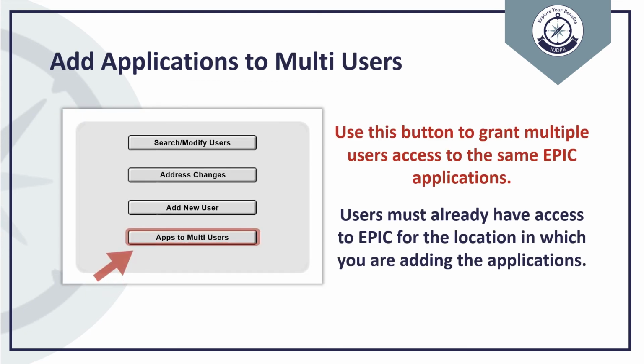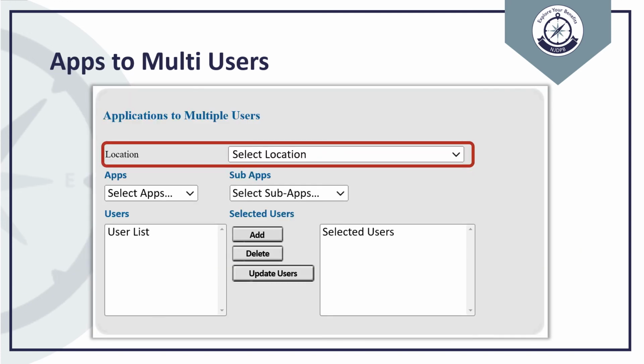The Apps to Multi-Users button allows you to grant multiple people access to the same application at the same time. In order for you to be able to do this, users must already have access to Epic for the location in which you are adding the application. Use the drop-down menu to select the location where you would like to assign an application to multiple users.